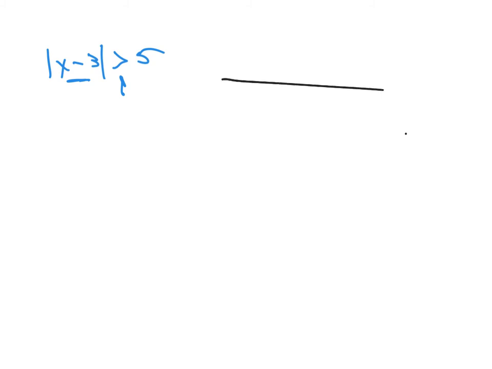So just put this on the graph here. Put negative 5 here, positive 5 here, and a 0 here. What that means is that x minus 3 is going to be a number bigger than 5 or a number less than negative 5.